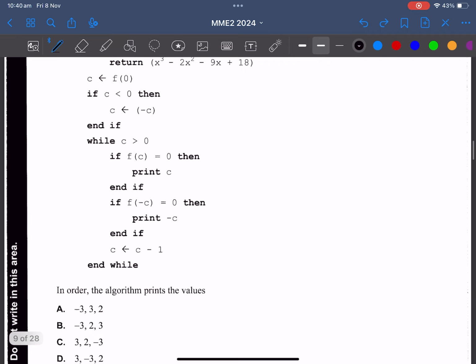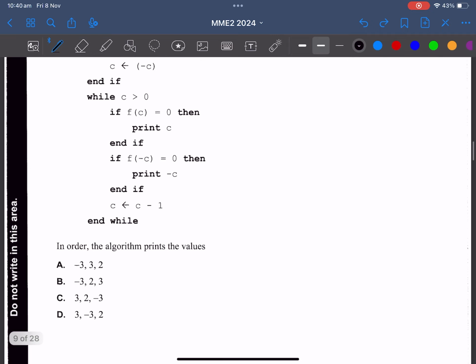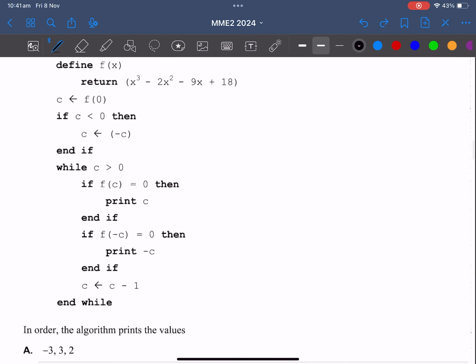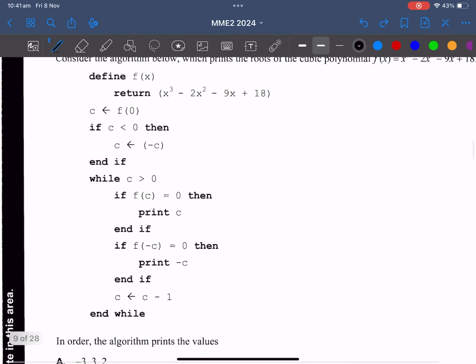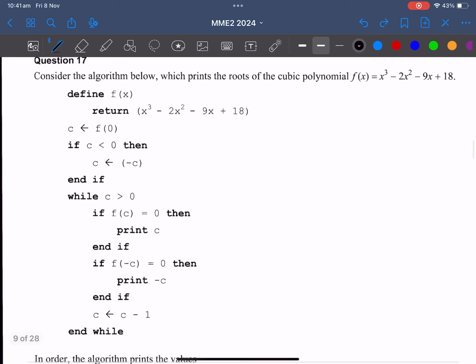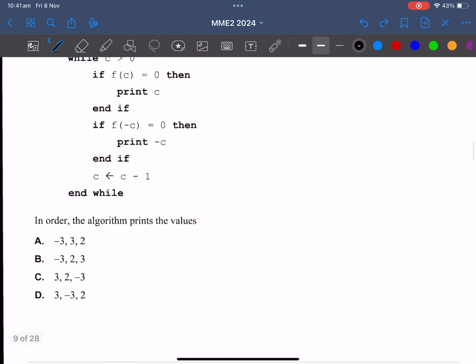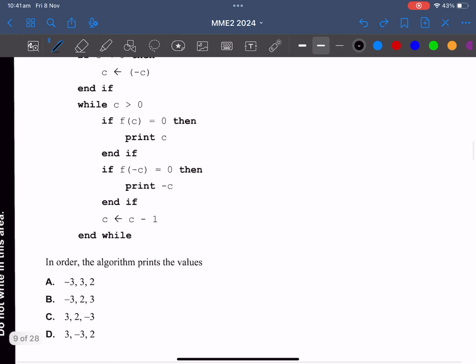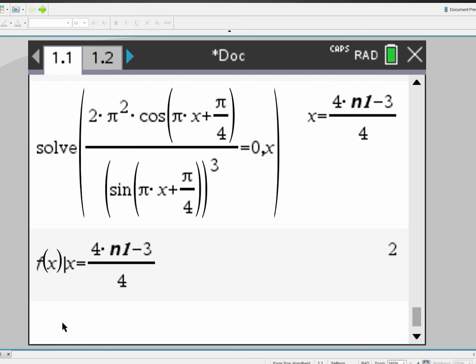Okay, cool. So our given options are, so we have to basically find the roots of this polynomial. Right. So then let us quickly define this function.